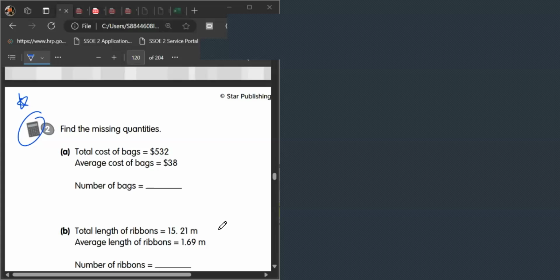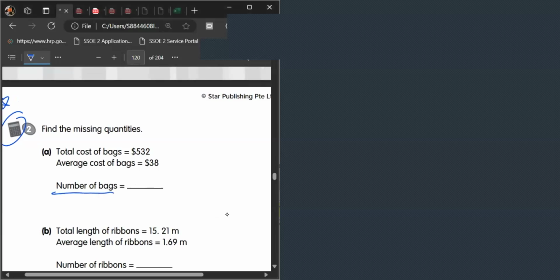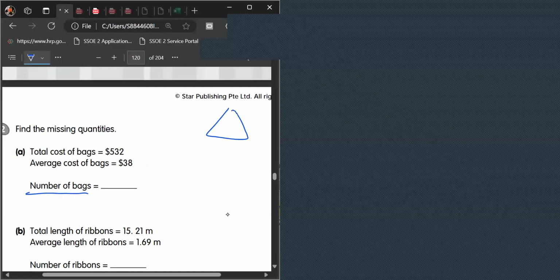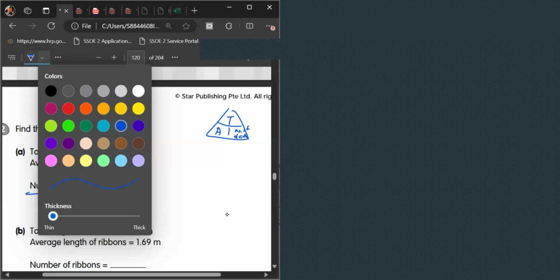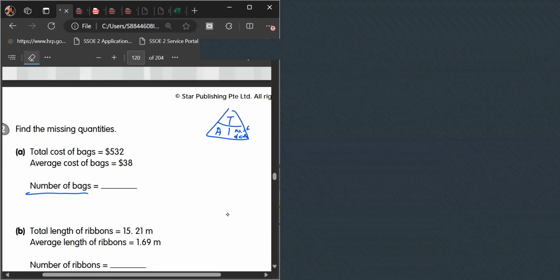Okay, so over here on my left side, now I'm looking for number of bags. So with the same triangle, just now total, average, and number of data. Now I need to find the number of data.